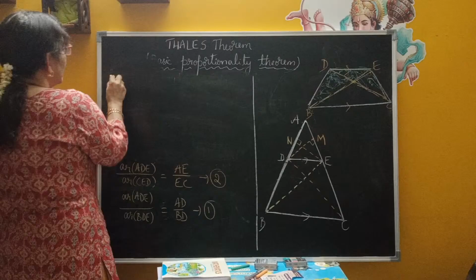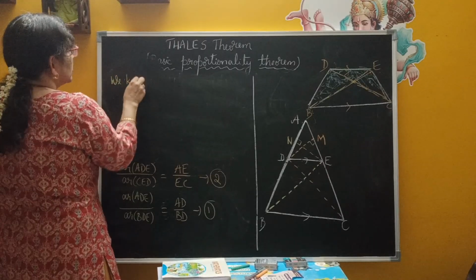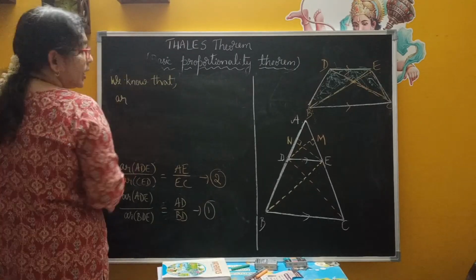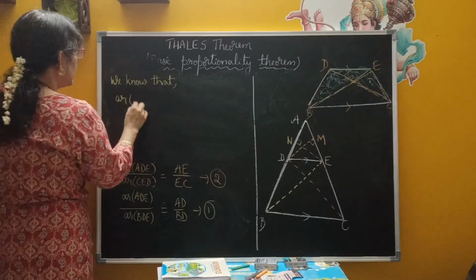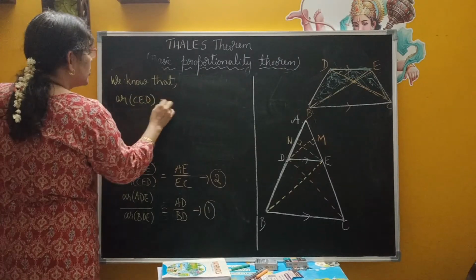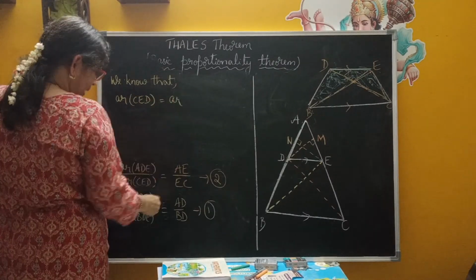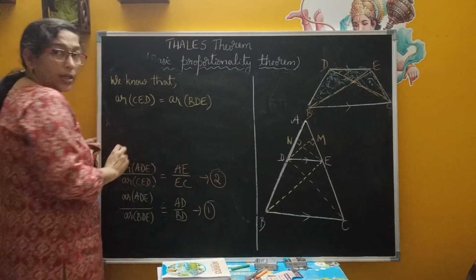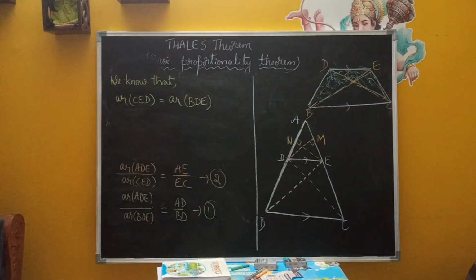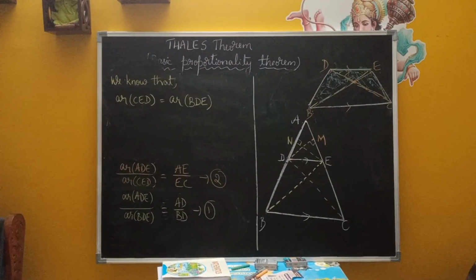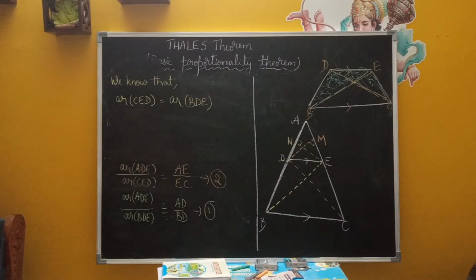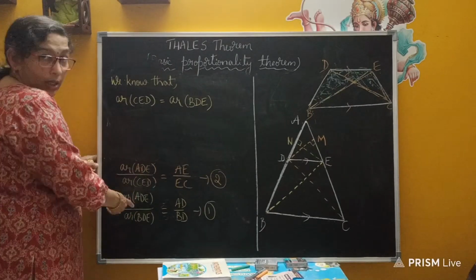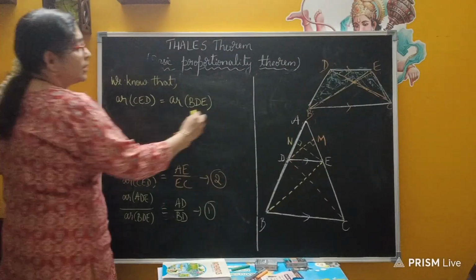We know that area of triangle CED is equal to area of triangle BDE, both are equal. Anyway, these two are common triangles, ADE, ADE. So let us take this as equation 3.